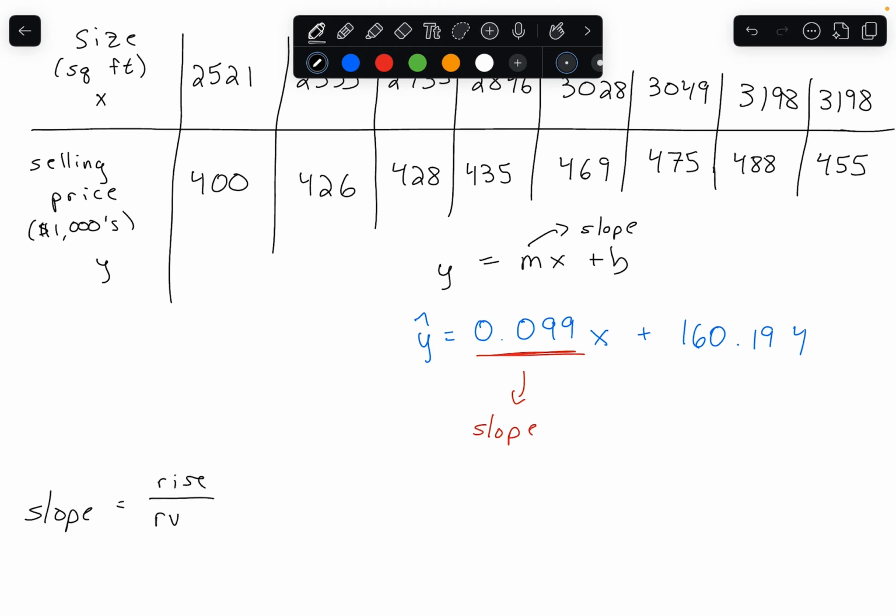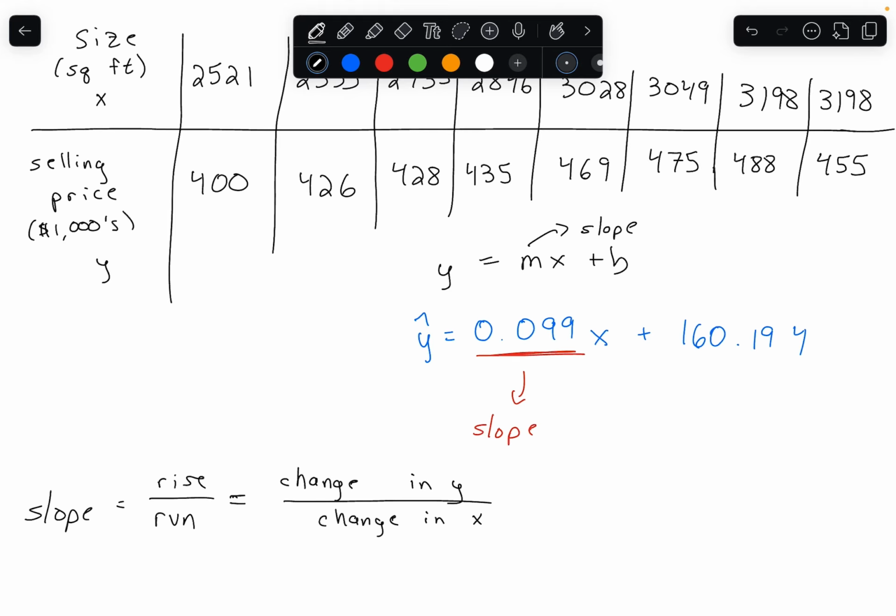Most of us have probably heard that term at one point or another. And this helps you to graph functions. It tells you how much do you move up or down, and then how much do you move left or right. But I think for our purposes, I would rather think about slope as the change in y over the change in x.